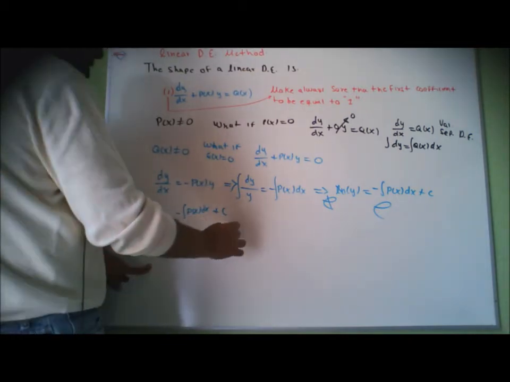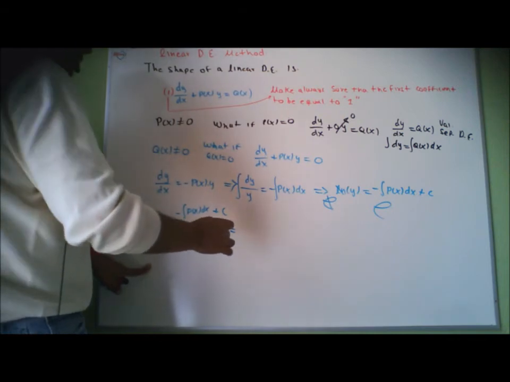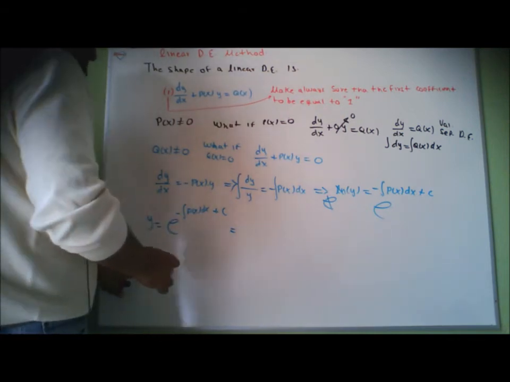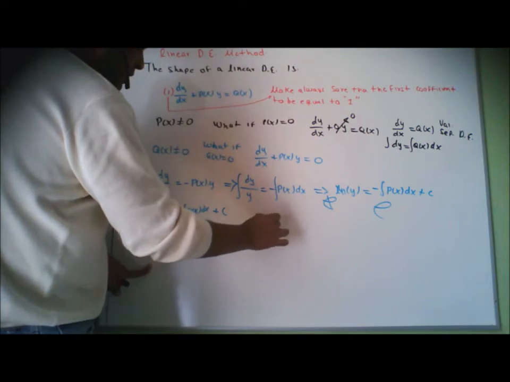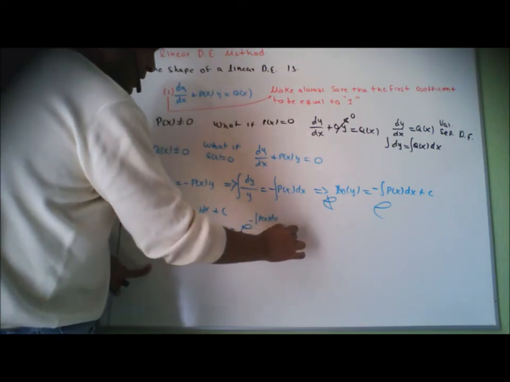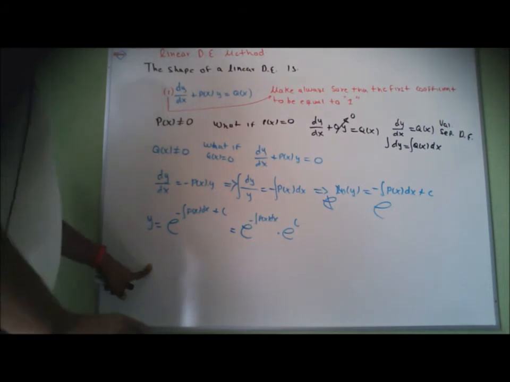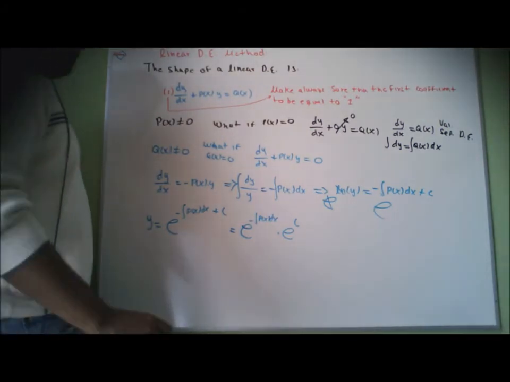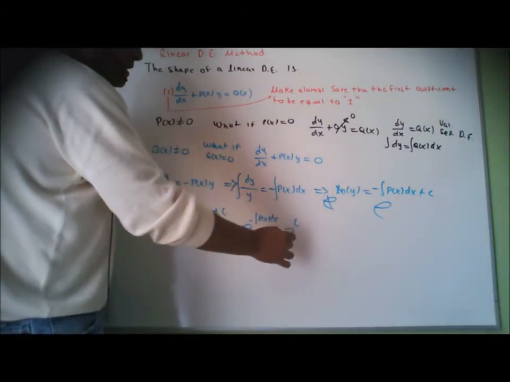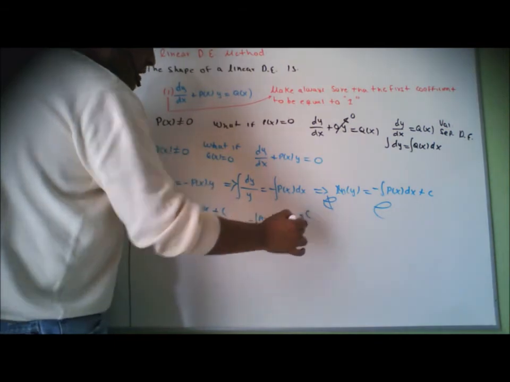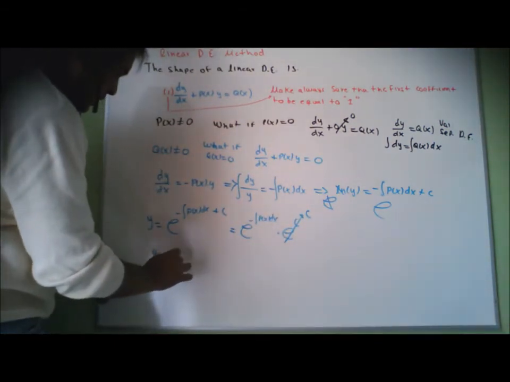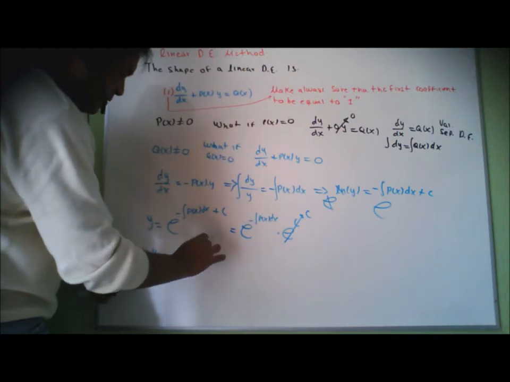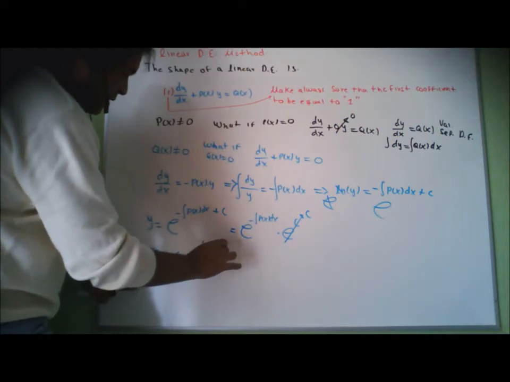Here let's use the properties of the power: exponential of the minus integral of p of x, differential of x, times exponential of the constant. The exponential of a constant is still a constant, so this is a constant. So the y here is going to be the constant times the exponential of the minus integral of p of x, differential of x.